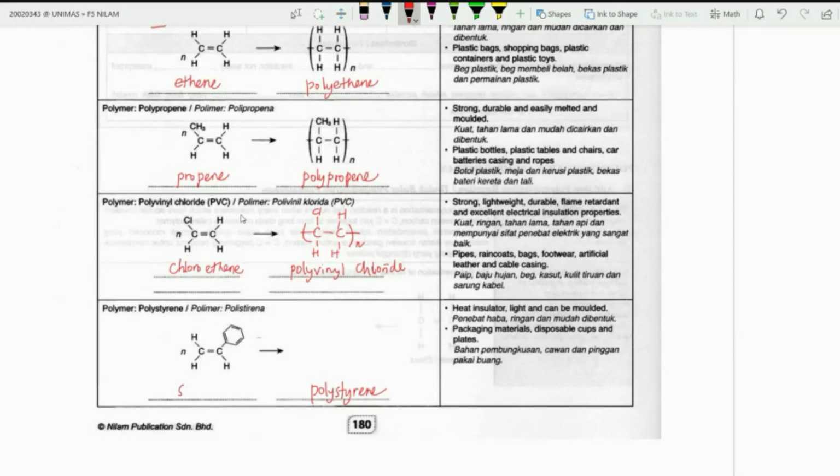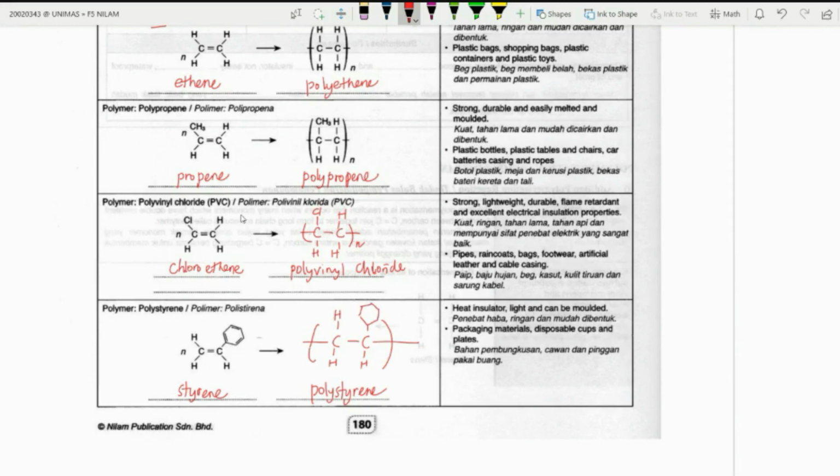Yes, styrene. Then how about the drawing? Actually, no need to worry so much. We just follow what we learned just now. Okay, C, then this one H, we just follow H. This one is a hexagon, right?